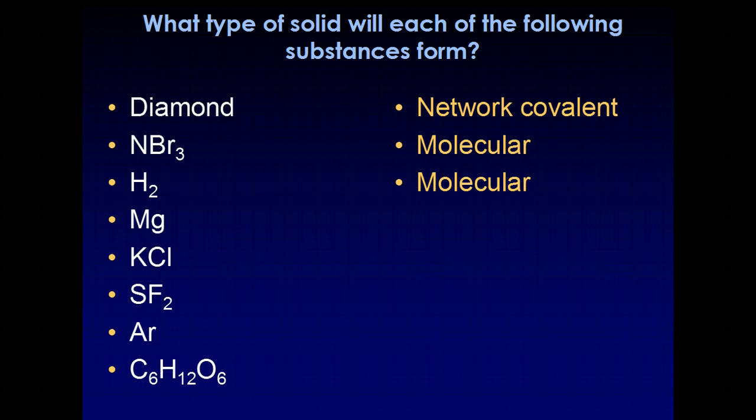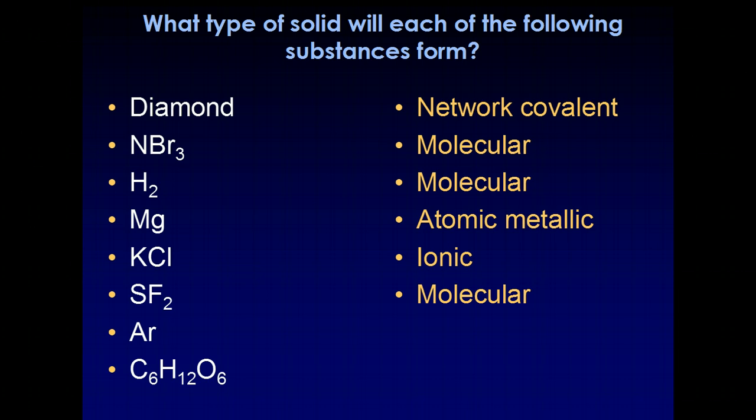Magnesium is a metal, and it would be atomic because it's just that metal, but it's metallic as well because it's the metal atoms that are being held together. Potassium chloride is made of ions, and so that's going to be our ionic solid. SF2 is 2 different nonmetals being held together via covalent bonds, so that one is also molecular.